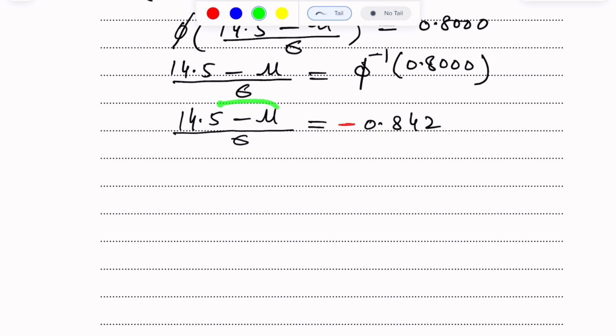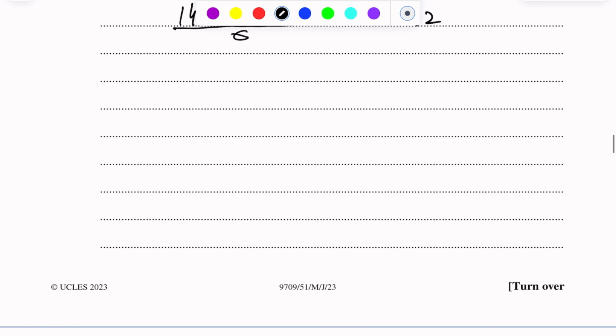Simplifying this we get 14.5 minus mu is equal to minus 0.842 sigma. Let's say this is equation number 3 for reference.